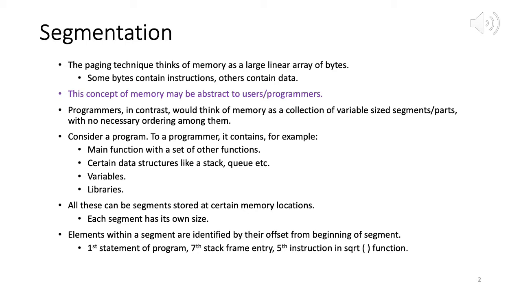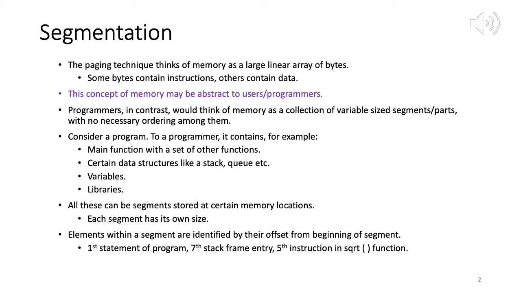From the programmer's point of view, it may be better to think of memory, rather than as a large array of bytes, as a collection of segments or parts. Each segment or part can have variable size. The programmer is coding a program. That program will have various components in it, and for each component there will be a corresponding physical memory segment. These segments can be of variable sizes, with no necessary ordering among them.